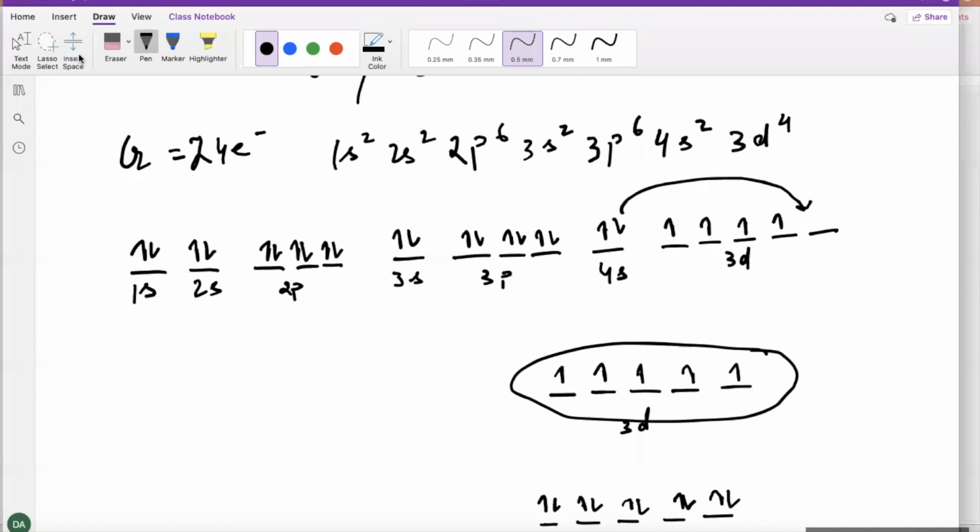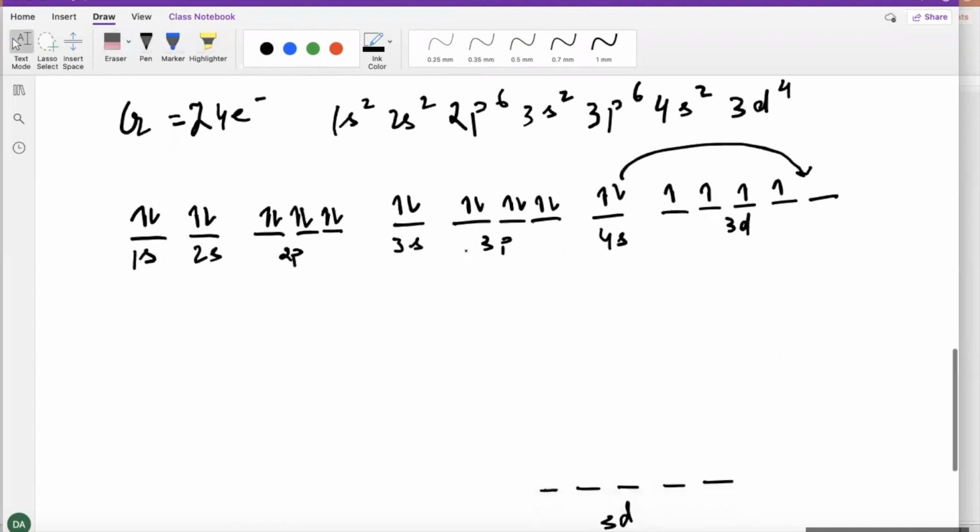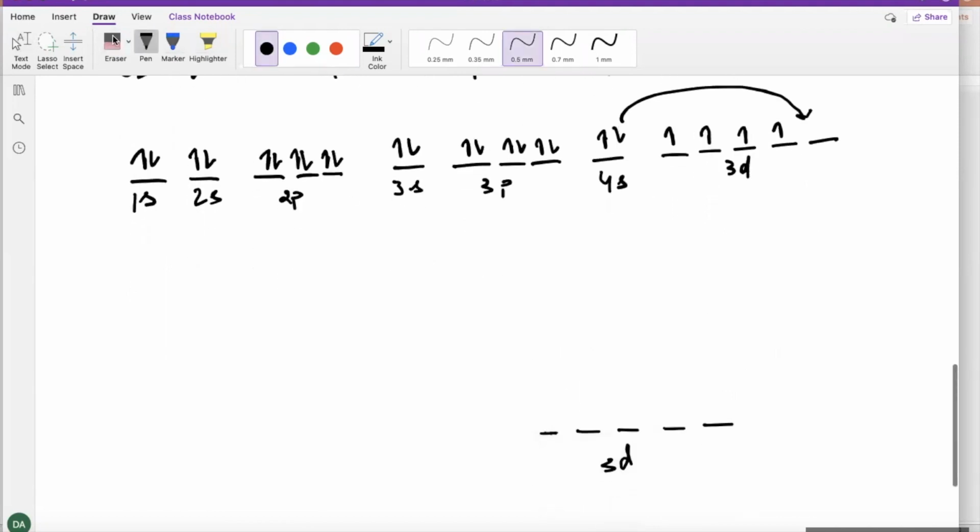So guys, do all atoms do this? No. In the first 30 atoms, only chromium and copper are able to do this. So do not impose this on all the atoms that you ever see. This is only for chromium and copper among the first 30 atoms.